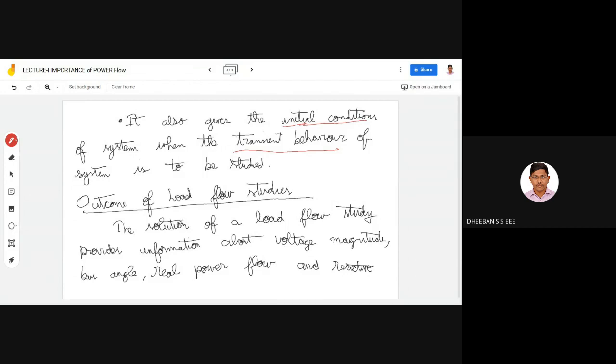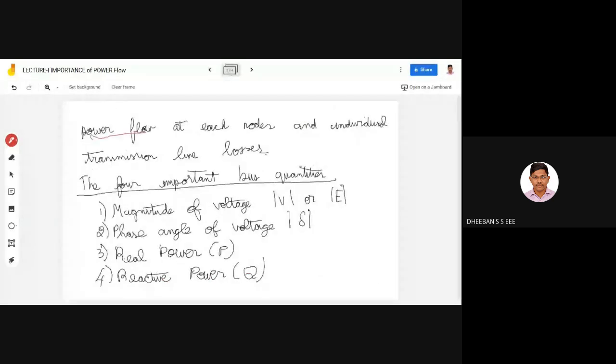We have seen the objective and the need of doing load flow studies, and now we'll see the outcome, that is, the result of the load flow studies. The solution of a load flow study provides information about voltage magnitude, bus angle, real power flow, and reactive power flow at each node.